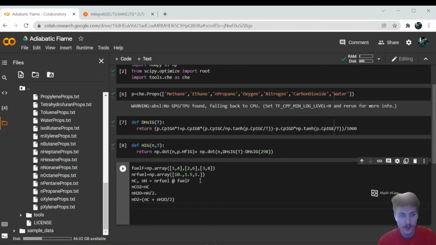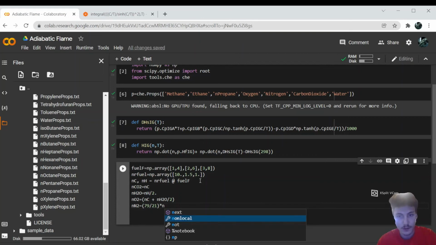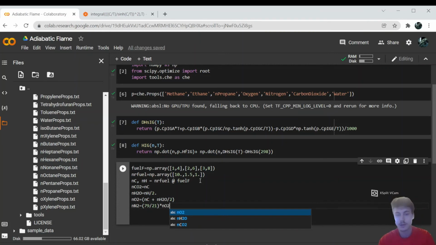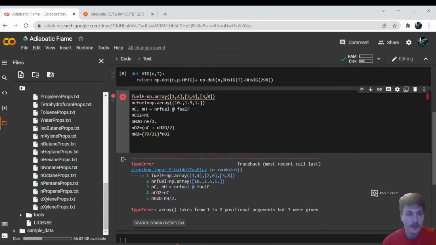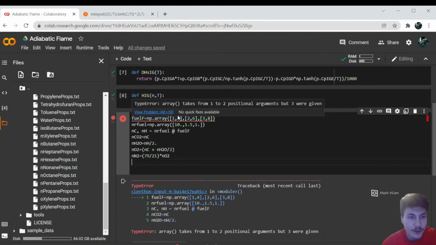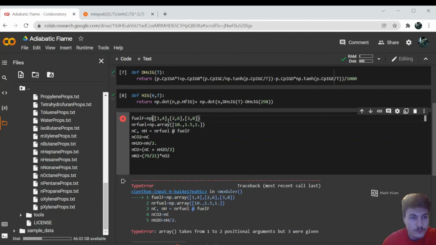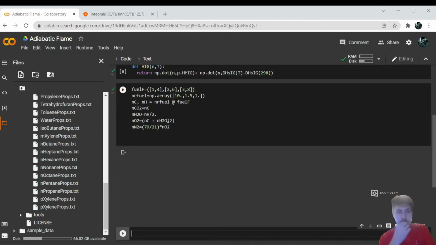And then the number of moles of nitrogen is equal to that ratio, 79 over 21, times the number of moles of O2. My brain is not working today. So then now we should have that. I do not need to have an array right here. Hopefully it should work. Yep.